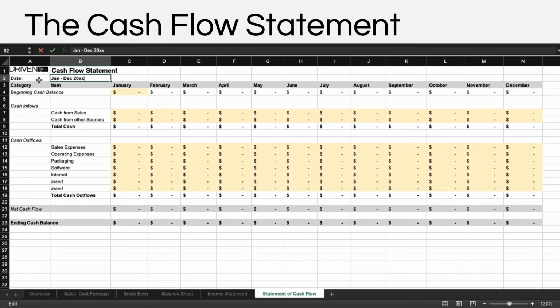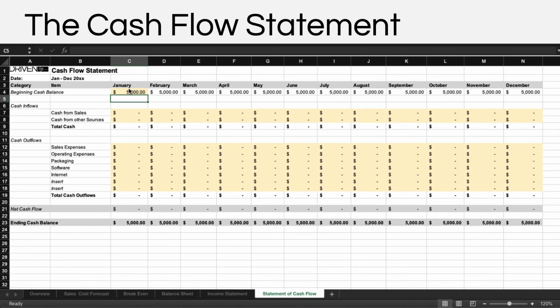The first step is identifying your opening cash balance. How much money in cash or in the bank do you have at the beginning of the period? Then, in the first month, identify how much cash you expect to collect.